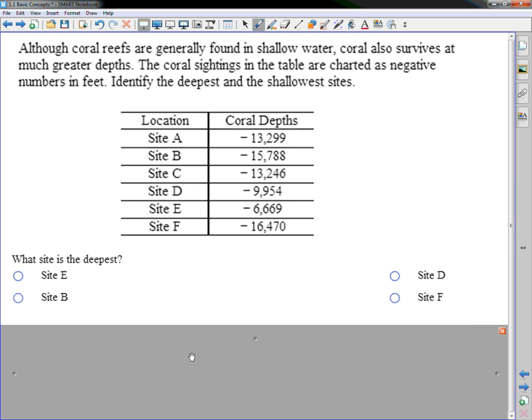So this value is the distance from the top of the water. So this is how far down they're going. So the deepest would be the largest negative number, which would be site F. So we have it's negative 16,470 feet below the surface.